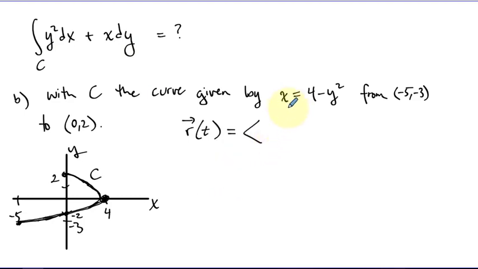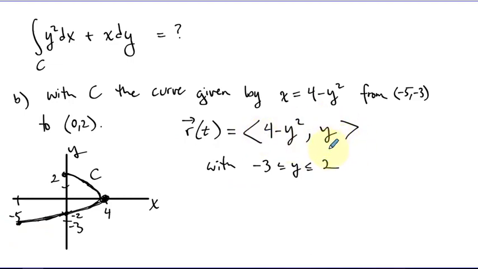Since I have a curve where the x position depends on the y value, I can make the y value the actual parameter: 4 minus y squared, and then y, and let y go from -3 to 2.